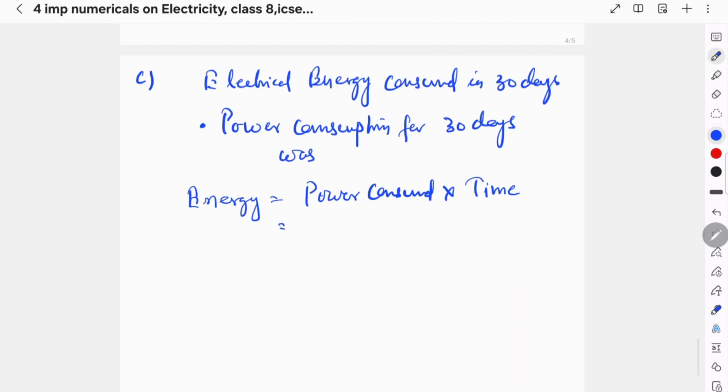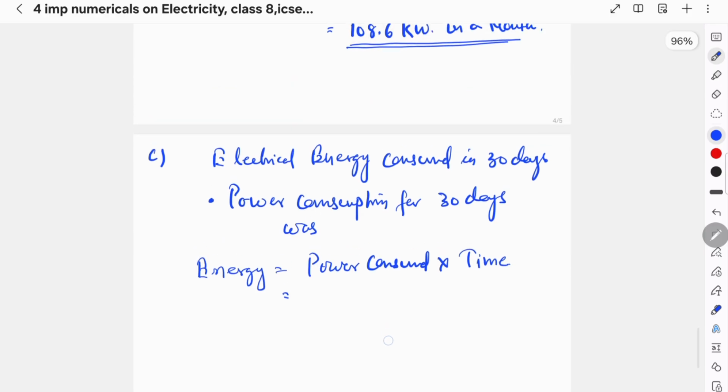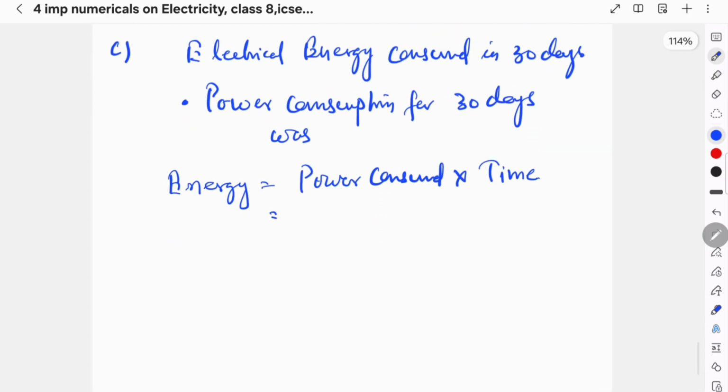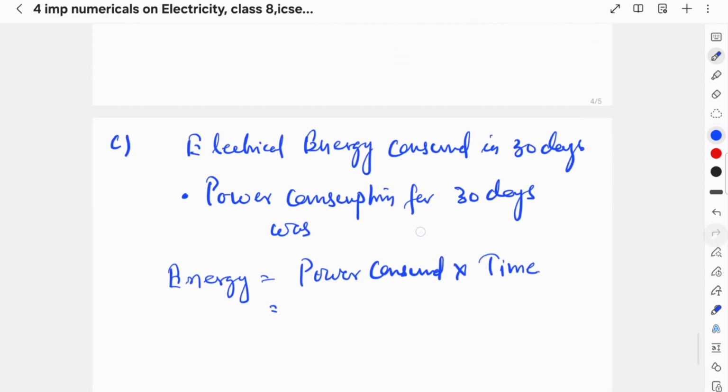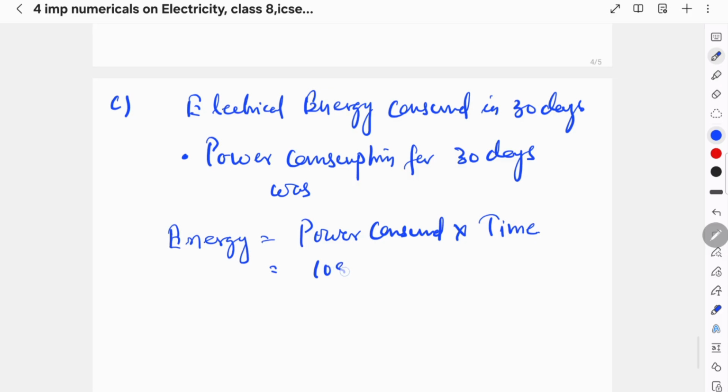So power consumed was 108.6 kilowatt, and it was consumed for 5 hours per day, isn't it? This is total power consumed in a month, and this is the time it was consumed every day.